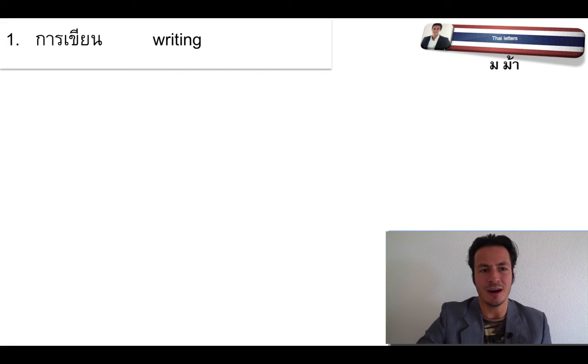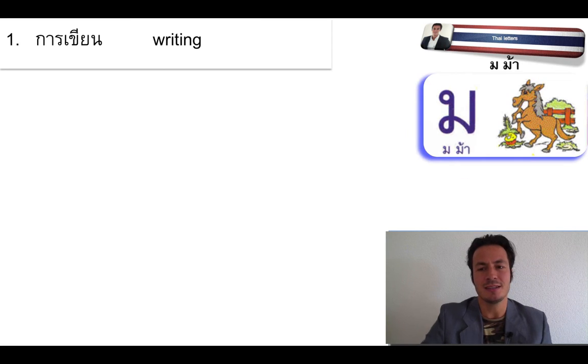Okay, the writing of the consonant ma ma. Let's see the card first. Ma ma with its marker word. So the marker word ma actually means horse. Try to learn not only the consonant, but try to learn it together with the marker word, so you already know a word where you can actually apply the ma ma consonant in.